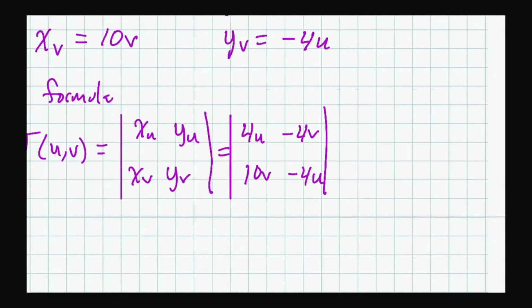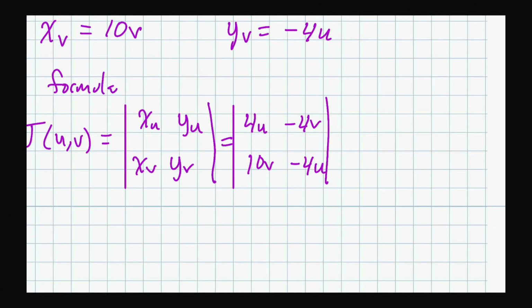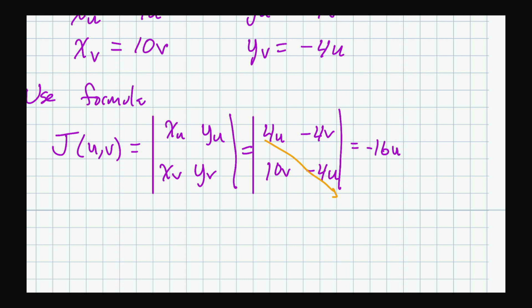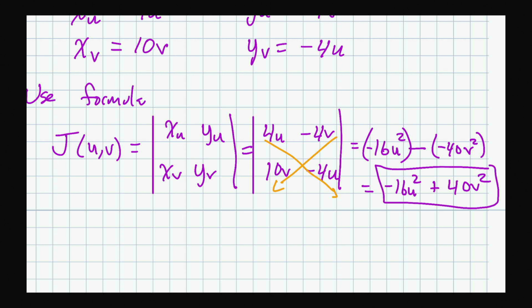You multiply these two together: 4u times negative 4u is negative 16u squared. And then minus those two multiplied, so negative 40v squared. Overall, you get negative 16u squared minus a minus, which is a plus, 40v squared. And that would be my Jacobian.